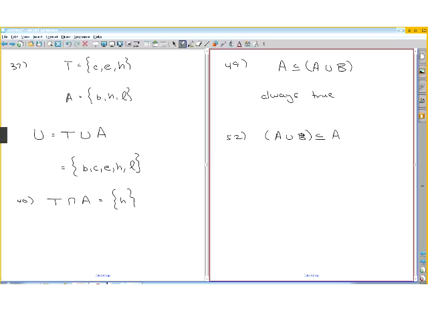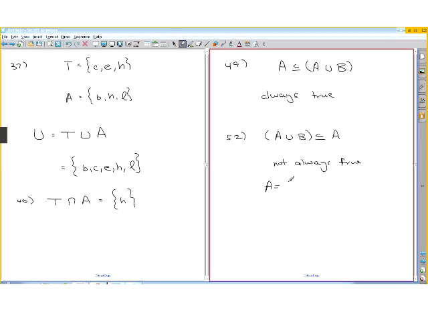So actually, the only time this will be true is if B is a subset of A. So that when you do this, you just end up with A, and then A is a subset of A. But in all other cases, if there's any elements in B that are not in A, it goes the wrong direction. So it's kind of like this one, except it's the other direction. So this is not always true, but it's not always false either. There is a case. Not always true.